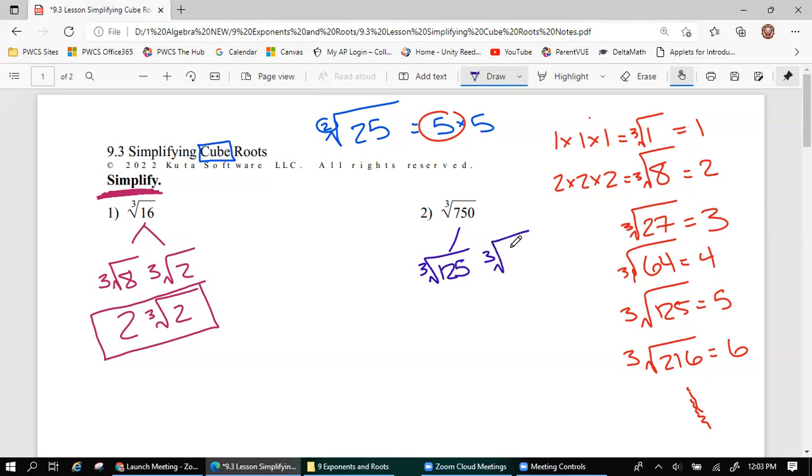And 125 times 6 makes 750. The point in doing that, finding the 2 factors of 750, one of them being a perfect cube, is so that I can now simplify this cube root of 125, and it's just going to turn into 5, because 5 times 5 times 5 is 125. The cube root of 6, well, that's going to be a decimal. And so we just leave it like that.